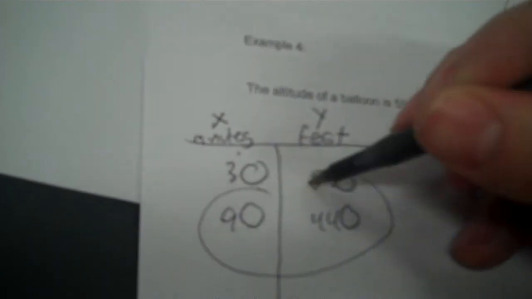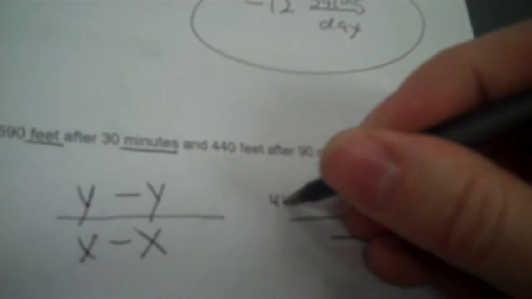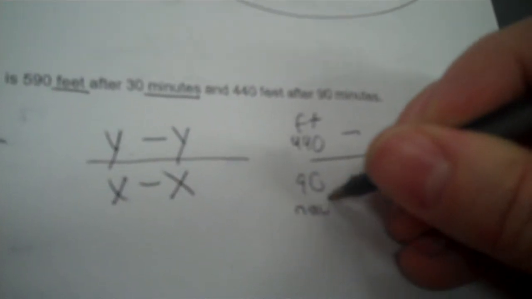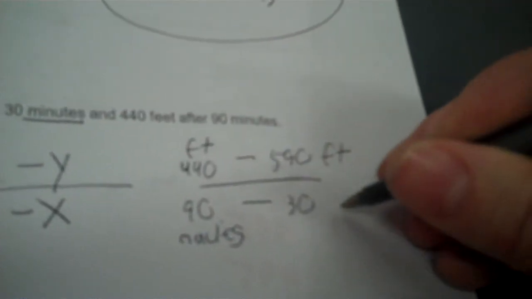So, start with here. So we're going to take 440 feet. And beneath it, we're going to put 90 minutes. Okay, and on top, we're going to put 590 feet. Beneath it, we're going to put 30 minutes.